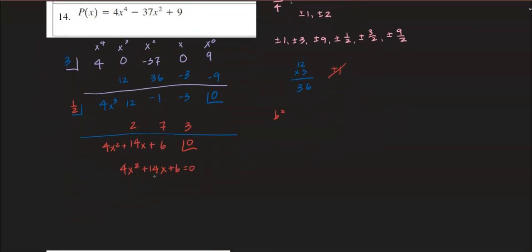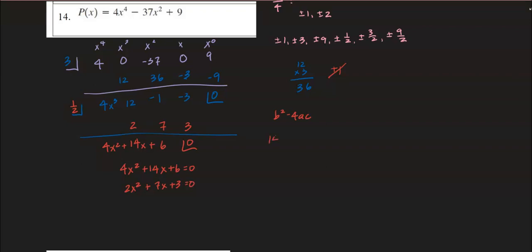Okay, I'm going to use b squared minus 4ac. That's 14. By the way, couldn't I reduce all of these by 2? Yeah, 2x squared plus 7x plus 3 equals 0.